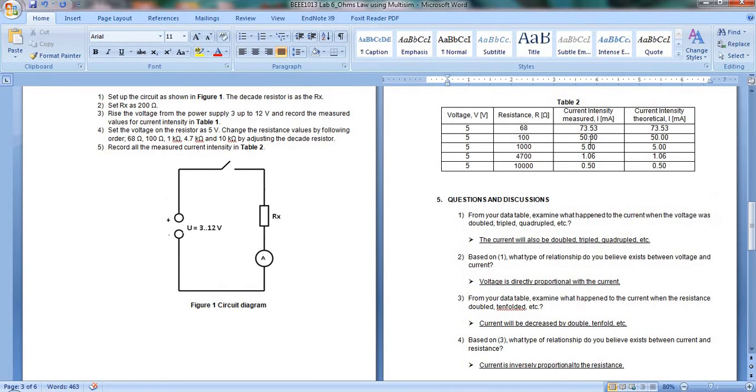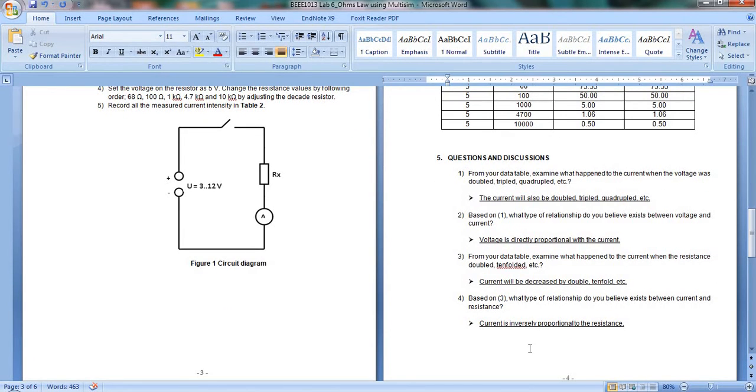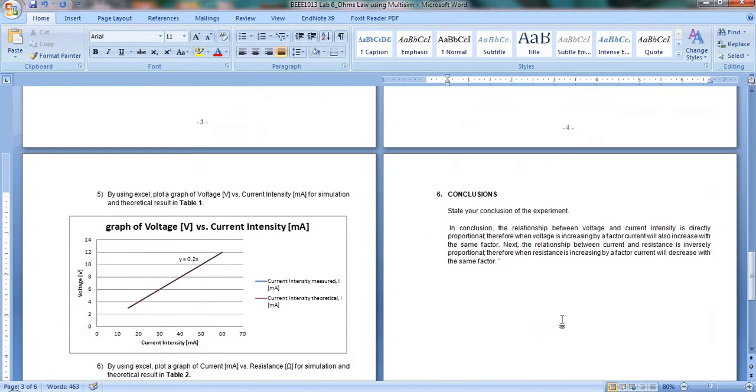So from this table 2, I can see that with the constant voltage, when the resistance is increasing, the current intensity is decreasing. So the relationship is current is inversely proportional to the resistance.